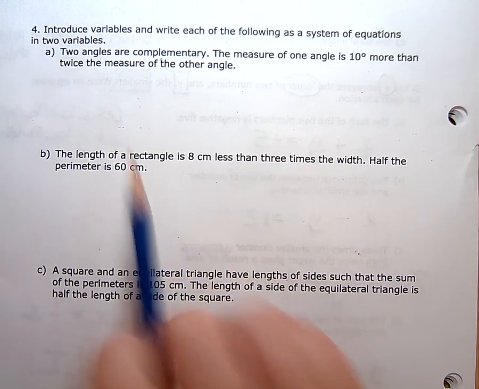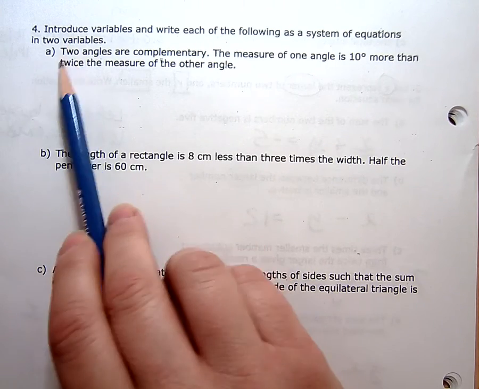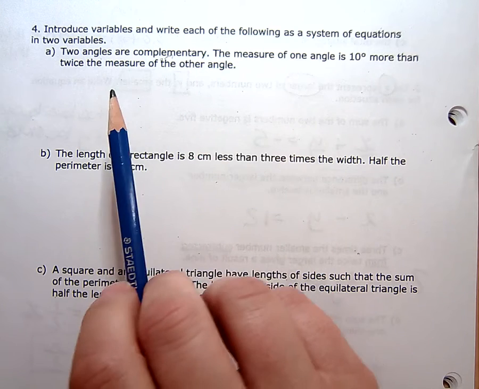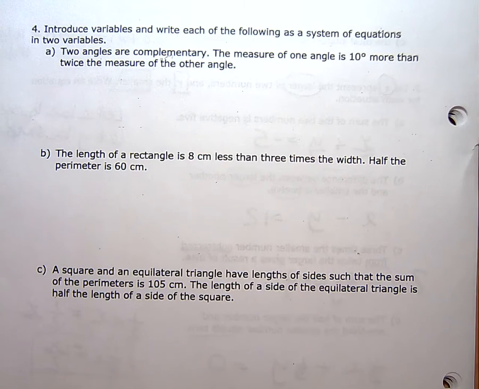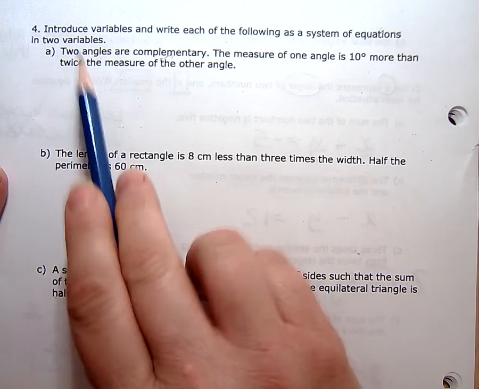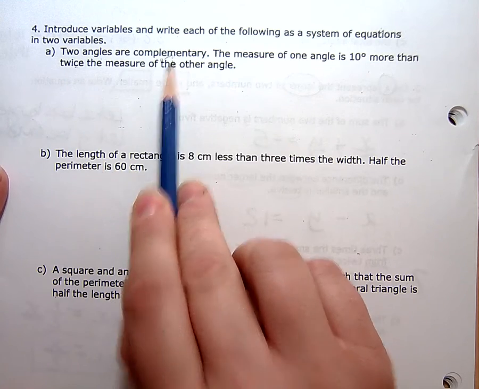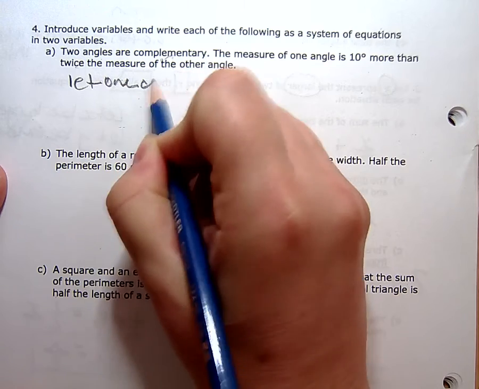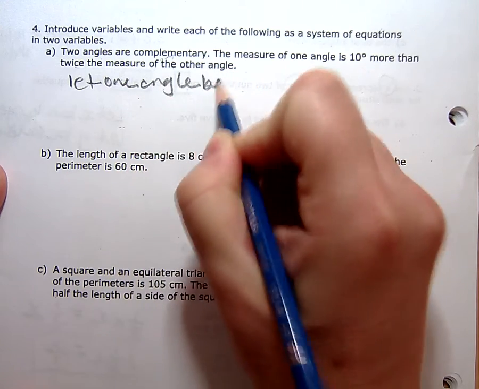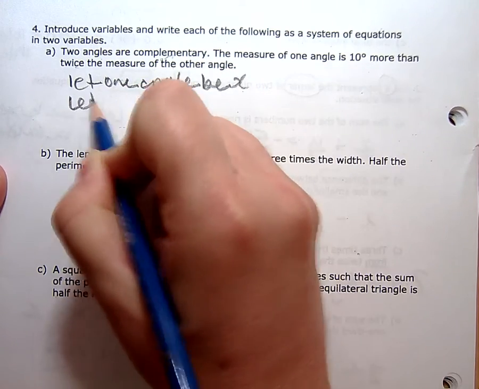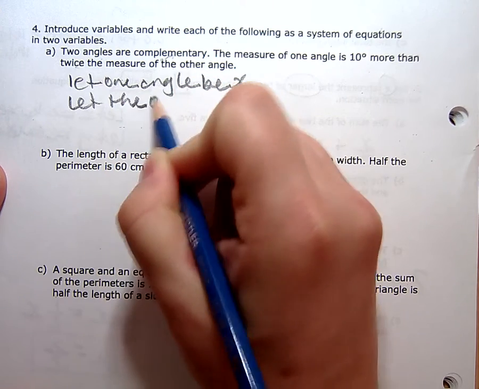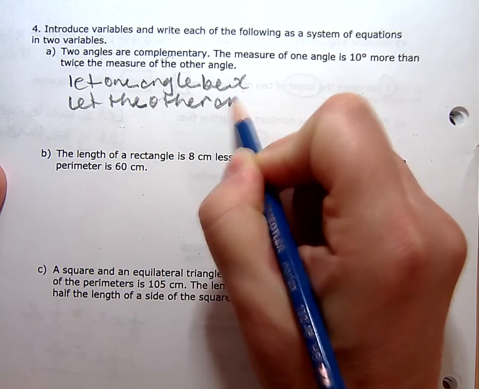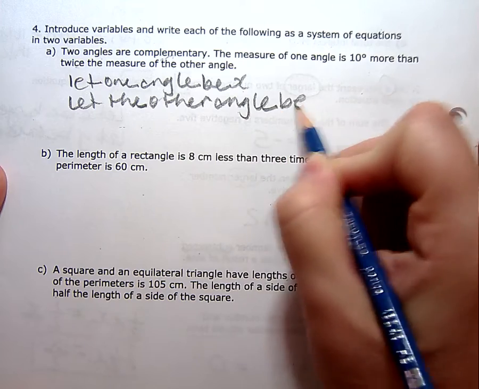Okay, so here I've got two angles that are complementary. You need to remember that complementary in geometry means that the angles add up to 90 degrees, just like supplementary means they add up to 180 degrees. So I'm going to let one angle be x, and the other angle be y.